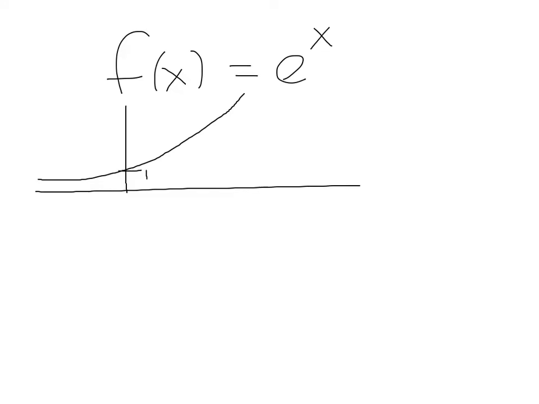Here's the graph of f of x equals e to the x, and you can see right here where x equals 0, e to the 0 power is 1, y equals 1. The more and more negative x goes, x has to be negative infinity, way to the left on the x-axis, for this graph to be 0, but it's not 0 until x equals negative infinity.